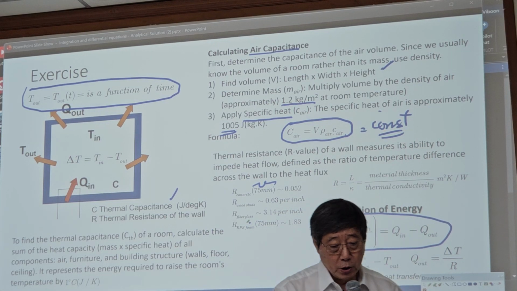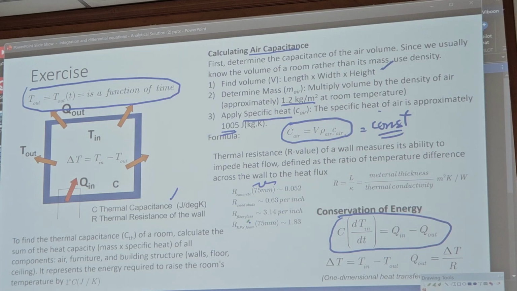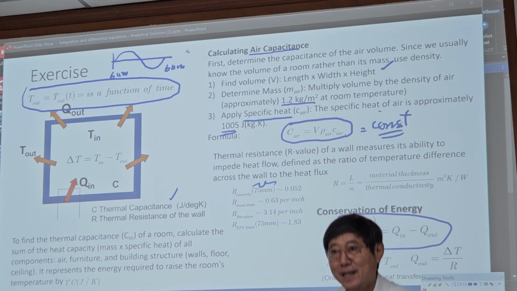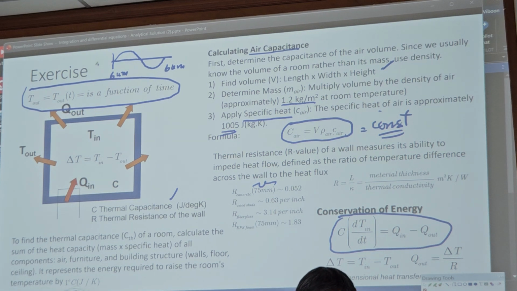Okay, so if our outside temperature now is not constant, it's a function of time. Let's say I have this temperature at 6 a.m., another 6 a.m. Then at 6 a.m. you have 35, let's say.